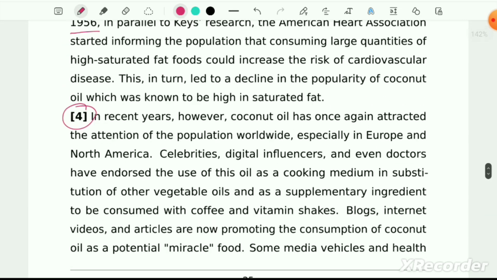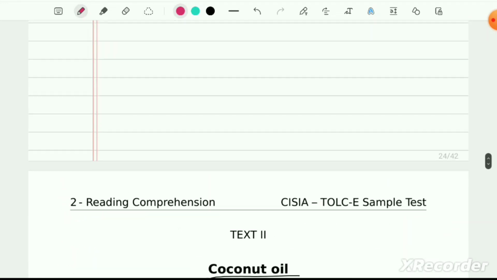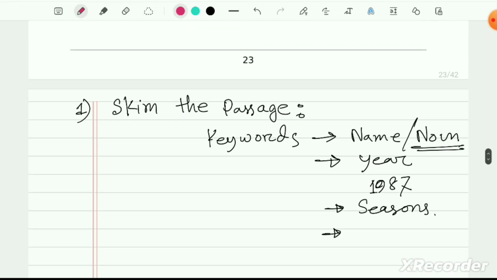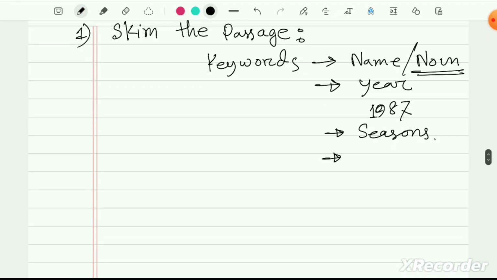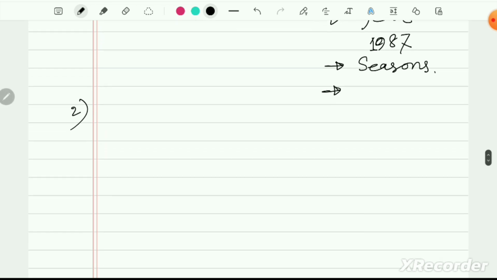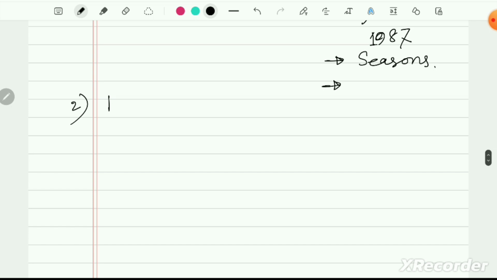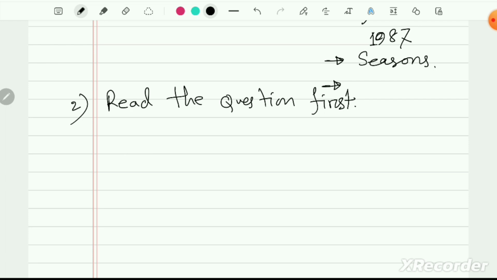Then let's go to the second point. What would be our second point? Let's write here, number 2, read the questions first. Okay, so we skimmed the passage.